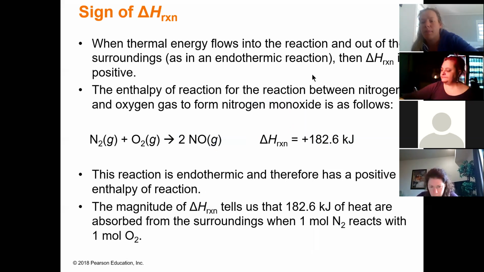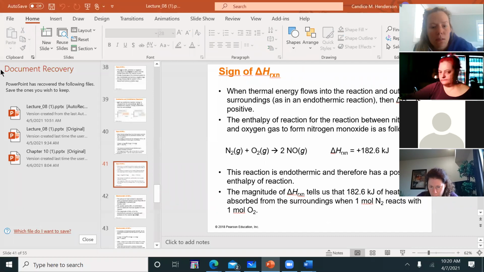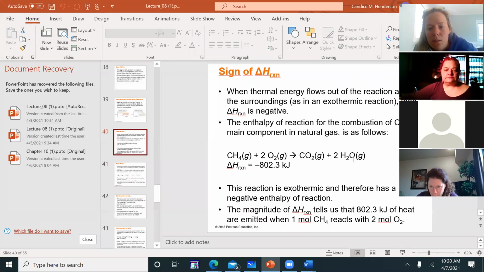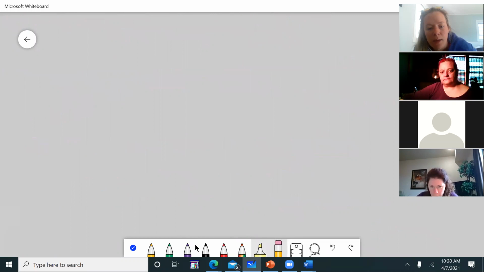We'll reuse the methane reaction, and I'm going to do it on a separate sheet because this is too tight. So here's our combustion of methane. I'm going to copy it over here, and you can follow me along as we write it out.